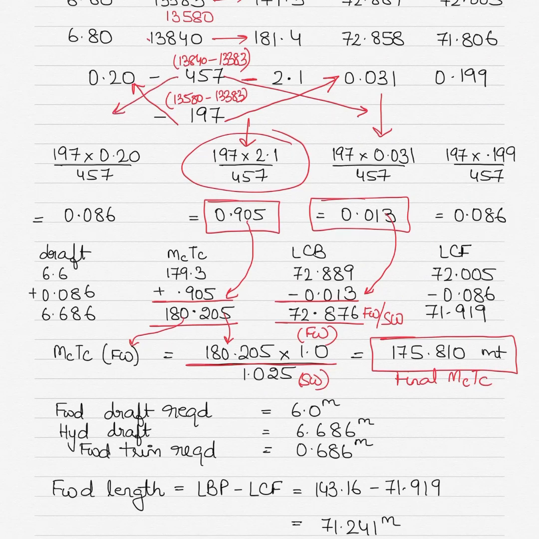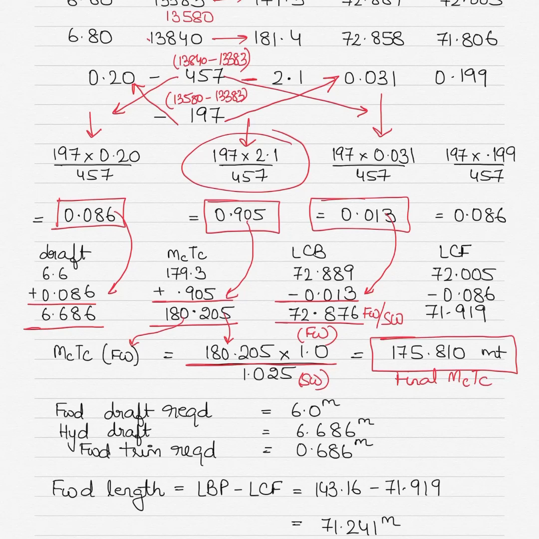So what will it be for 197? And therefore you get this equation here. You get this correction to the draft, and you add this correction to the draft here, because as your displacement increases, your draft is increasing, and so this is your final hydrostatic draft.